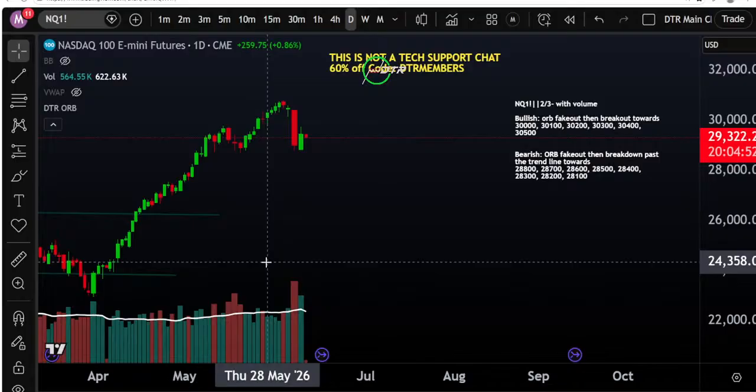The other element is I like to see the other side of my trade fail before I click submit. Let's say I'm bullish.